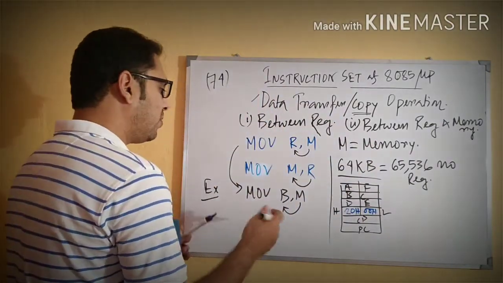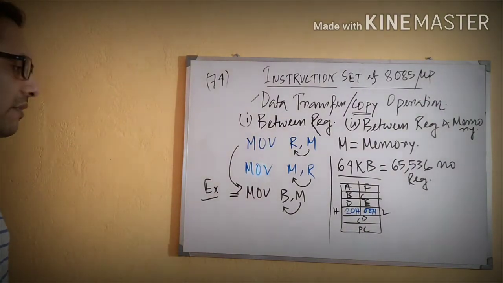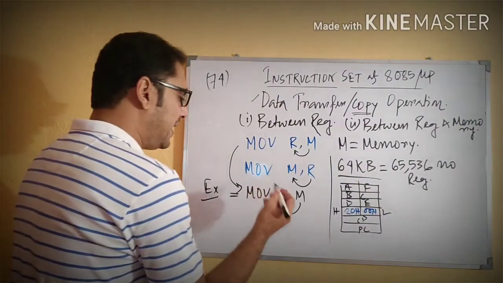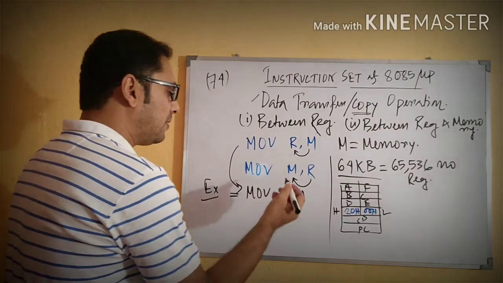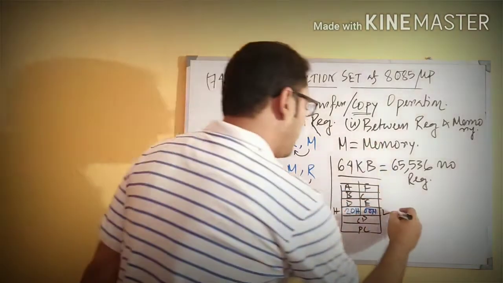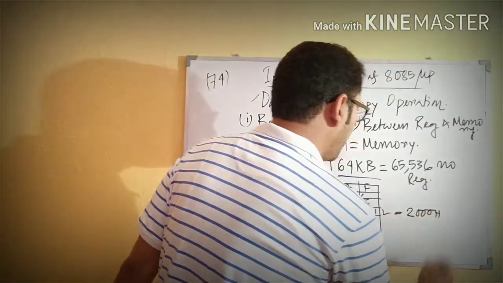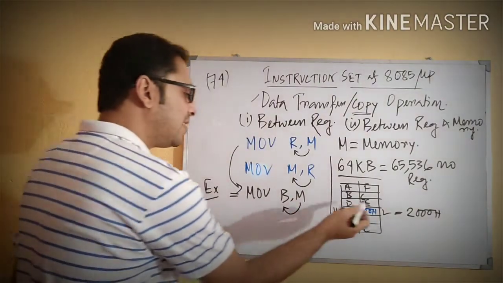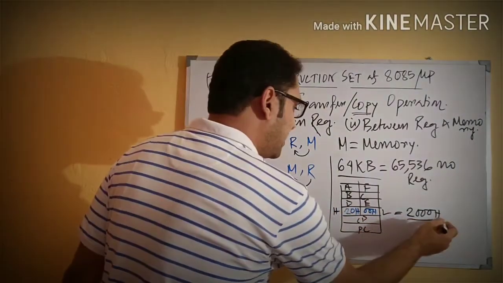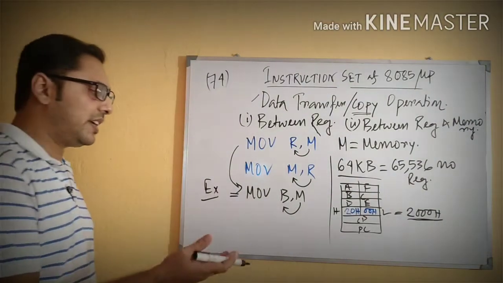After that, we have executed MOV B, M. That means data from memory location 2000 hex, the content of the HL register pair, is copied. Remember, whatever the HL register pair contains is basically 16-bit data.